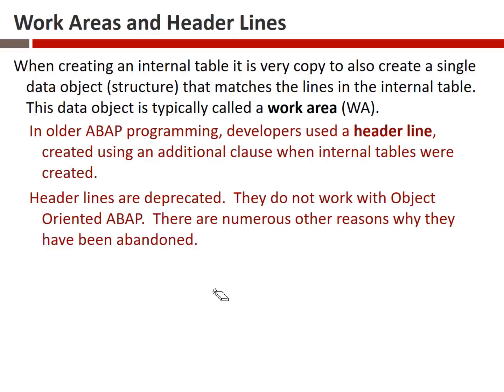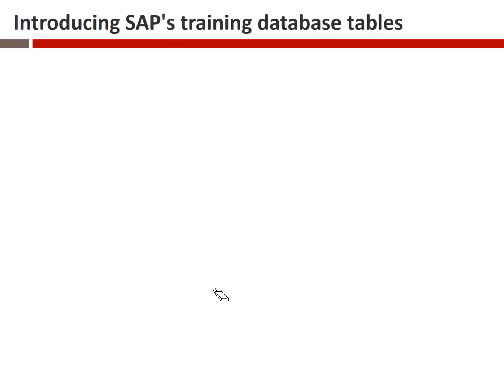Okay, well, let me introduce you to something that we will use a lot this semester, which is we will do a lot of database-related work with SAP. For reasons that you can probably understand, we need to be very, very careful about how we go accessing and using various database tables in the system, because we could make a mess of things.